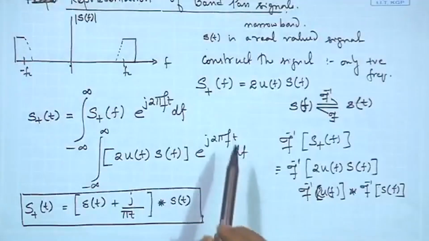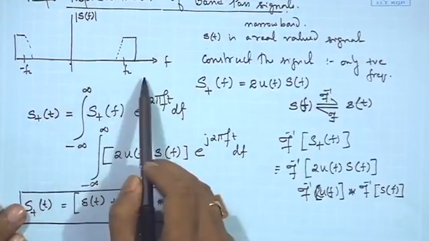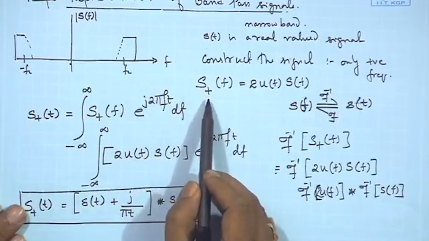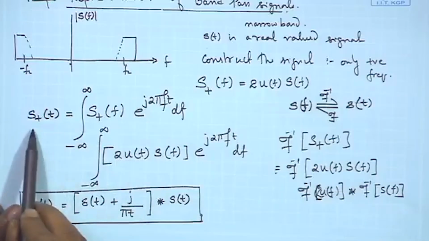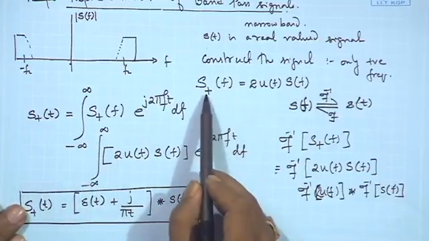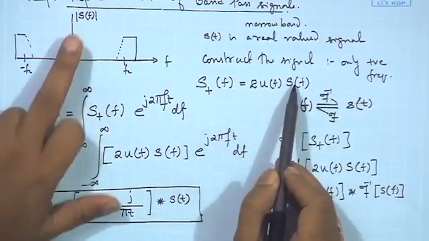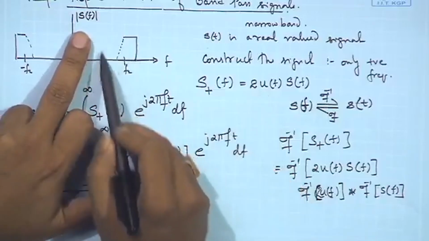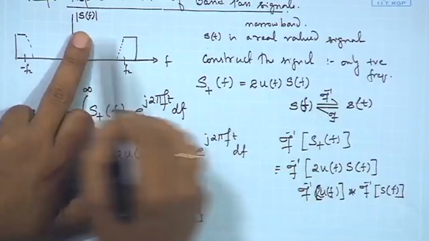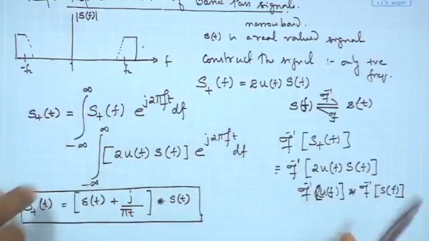So, we said let us take only the positive set of frequencies and represent it by S plus of f, where these are the Fourier relationships, and we then went to the time domain version, which we call the analytical signal. We represented S plus of f as S f times u of f times 2, because we are taking only half the signal power, so we need to take twice that to normalize it.